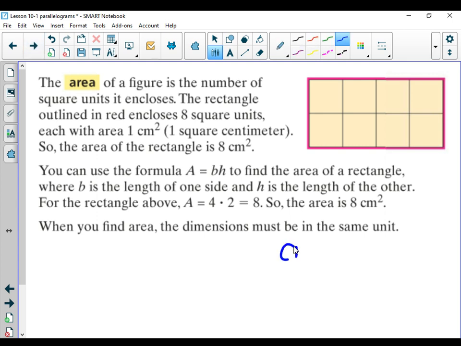So it might say centimeters squared because you're counting squares. It might say feet squared. It might say miles squared. Literally how many squares will fit inside.